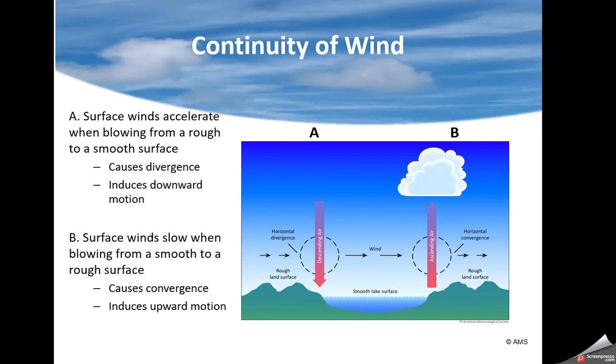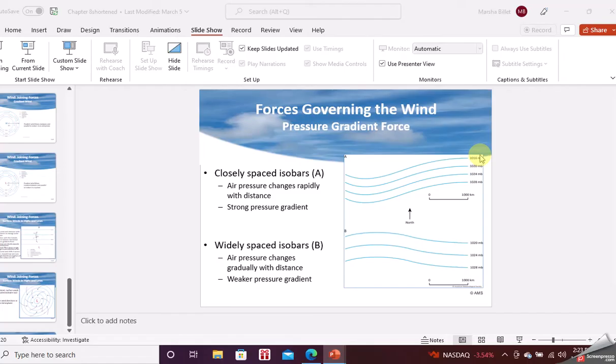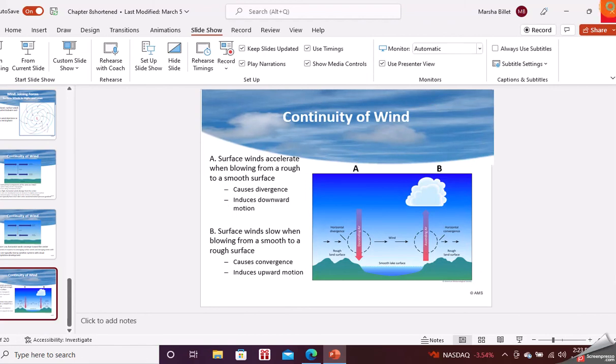Well, there's a lot more friction along Ohio, the land, so it's slowing down. As it's slowing down, convergence is taking place. The air is going to want to rise. As it begins to rise, guess what? That causes your lake effect snow showers in the wintertime, and sea breezes, a similar mechanism, can cause thunderstorms in the summertime.